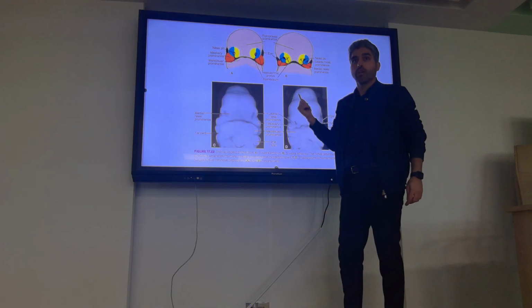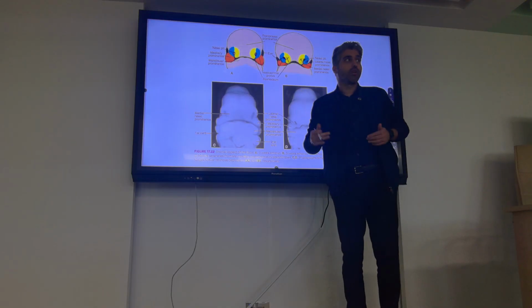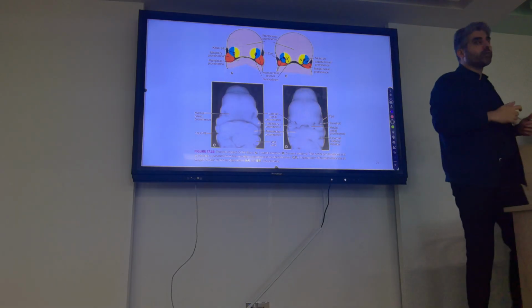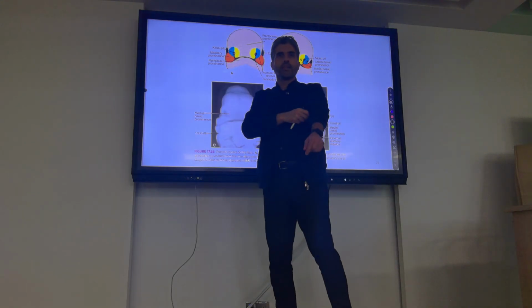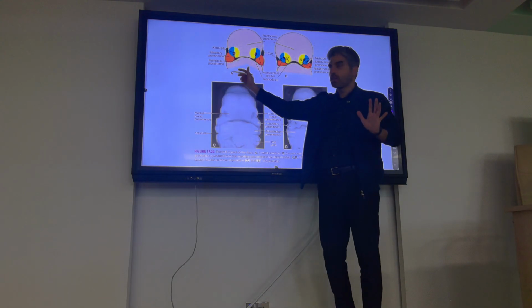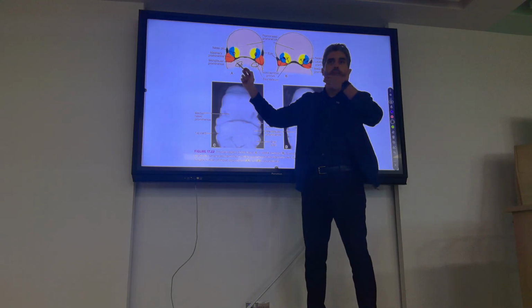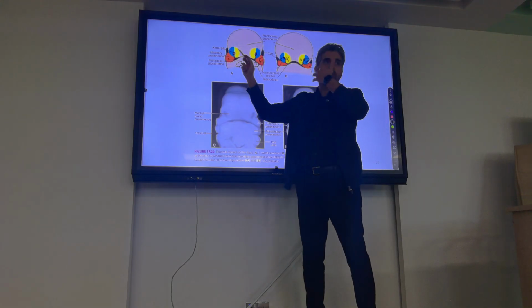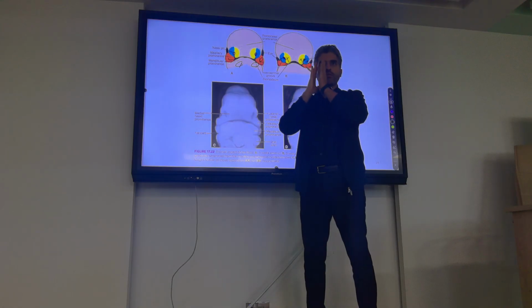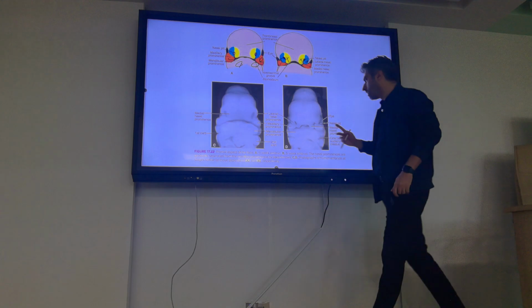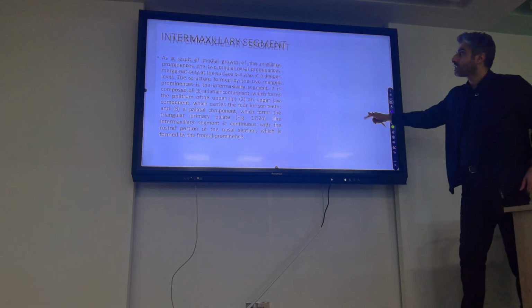This one is important. I emphasize it because lateral nasal and medial nasal are important. So what happens? You know this picture. Mandibular here in the mandible, maxillary, the red color, in the maxilla, and the nasal part of the frontonasal has divided into two parts, lateral and medial nasal. So look at the next picture.